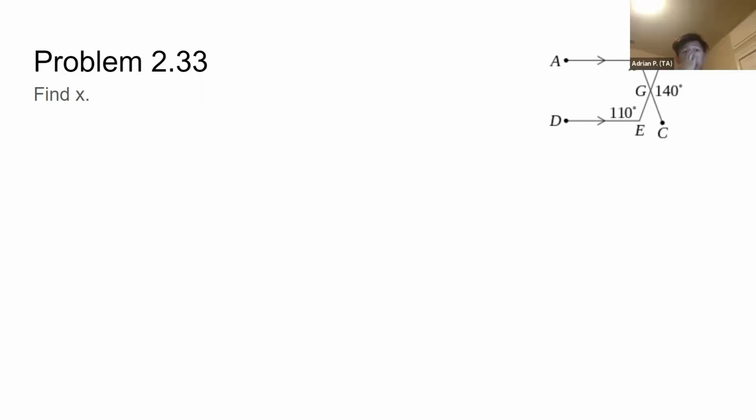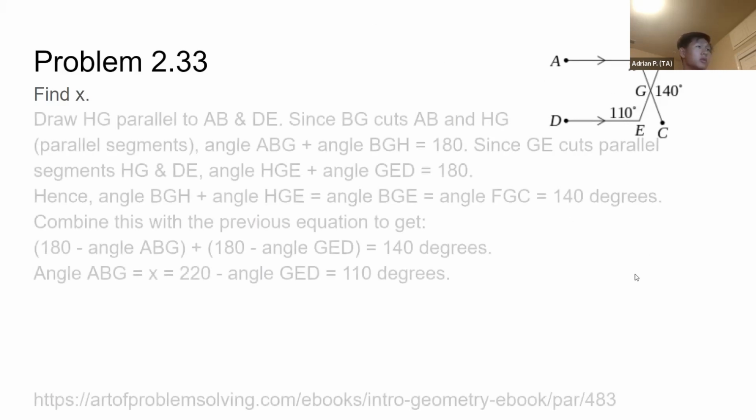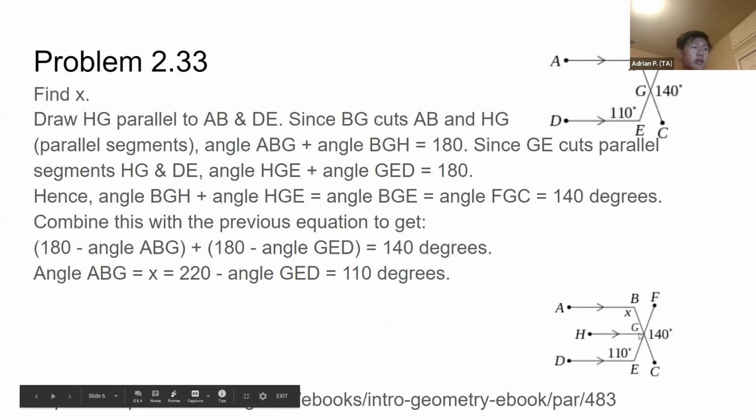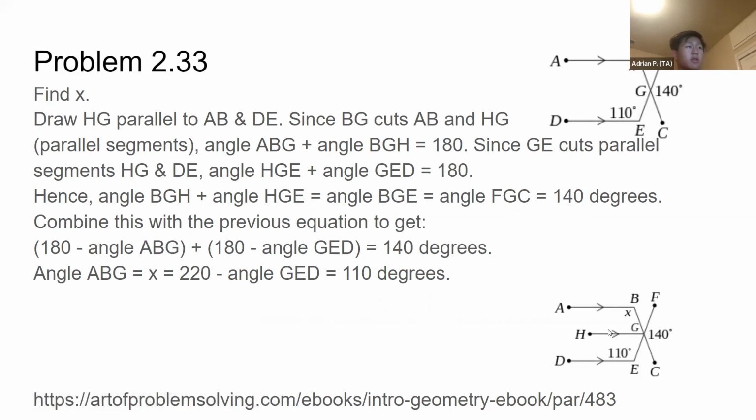Okay, so that's similar to what Alvin did. But a different way to do it is you could draw a parallel line from G to the point H here, and it's going to be parallel to AB and DE. So now you have EF as a transversal. If you imagine this line here, you're going to cut this angle and it's going to equal 70.